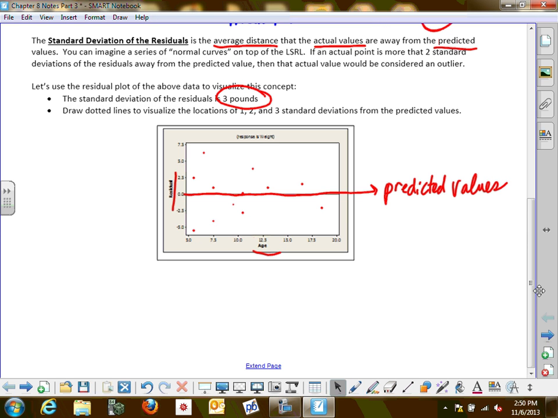So let's look at where that would be on this graph. Here's a residual of 0. 3 pounds up would be about right here. Draw a dotted line there. And then 3 pounds down is going to be about right here.